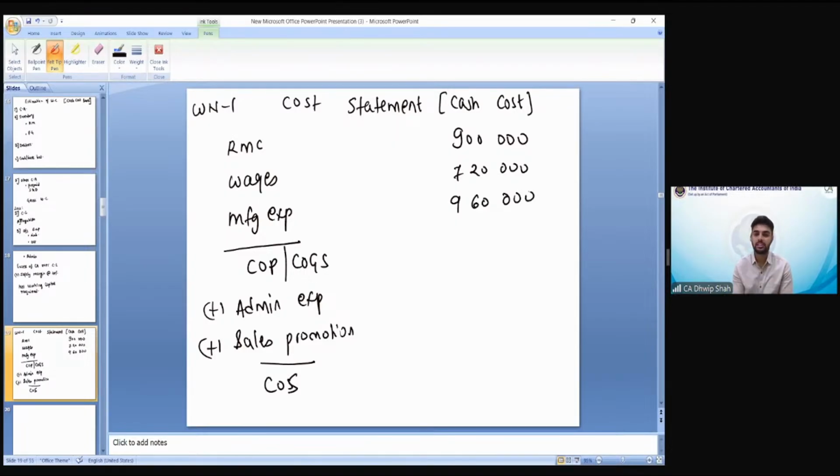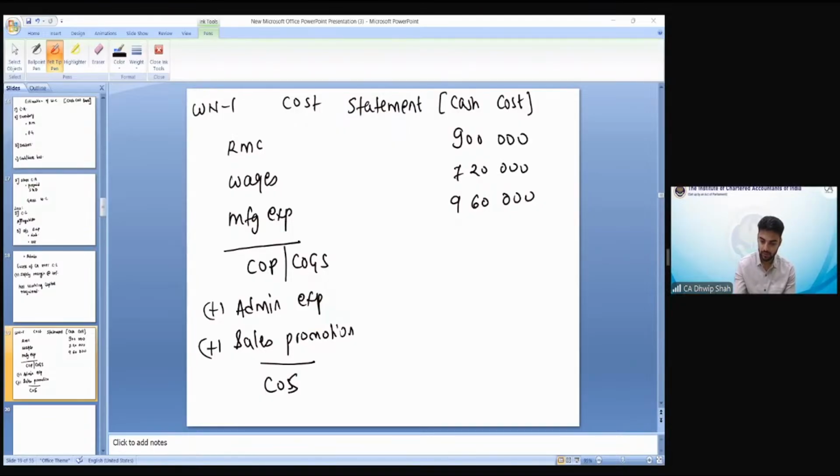Okay? So in this 960 depreciation is not included, huh? Because these are cash manufacturing expenses. Had they used just the words manufacturing expenses, then this 960 would have included depreciation as well. Okay?